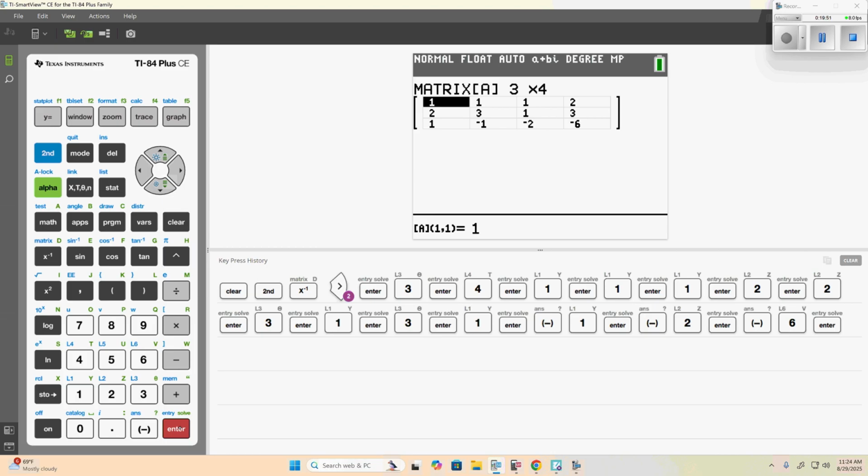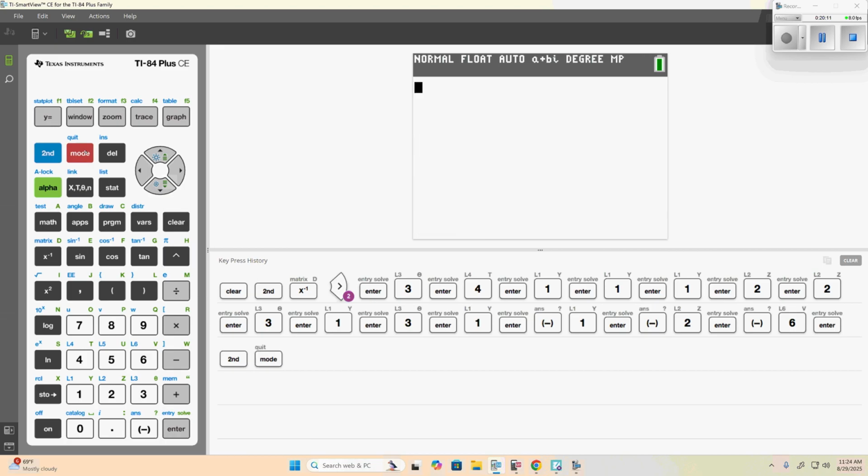Once you get it all typed out, second quit, second mode. So we quit out of this, because we put the matrix in. If you try to do anything after this, it's going to try to put it in one of those spots. So we have to quit out. So second mode, second quit is going to take us back to the home screen.